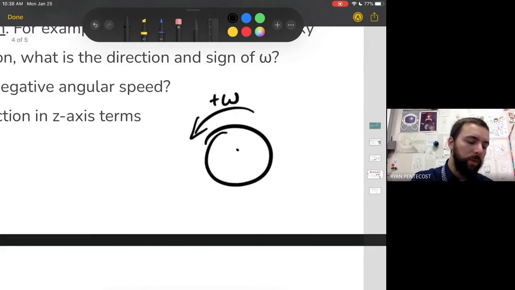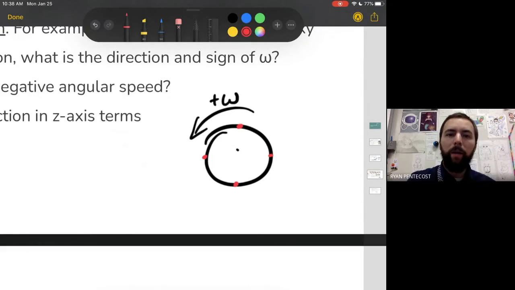Now the direction is a little complicated. It's obviously not rotating like left or in the positive x or the positive y, right? Because it's in both. It's constantly in both, other than, you know, at these very specific moments where the tangent velocity might be in one specific axis or one specific dimension.